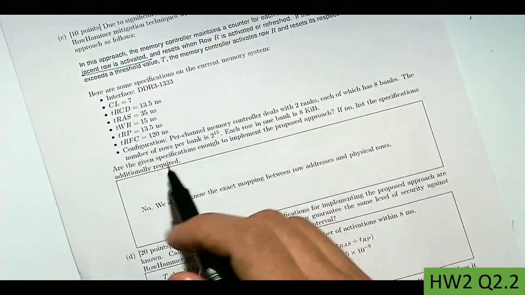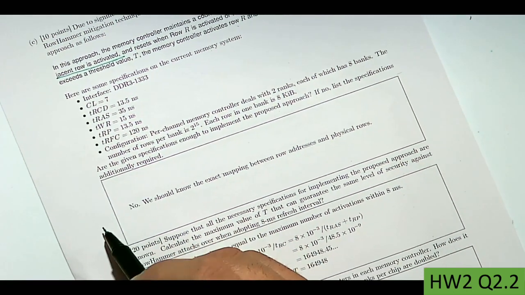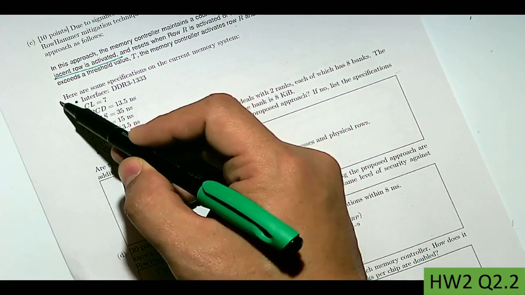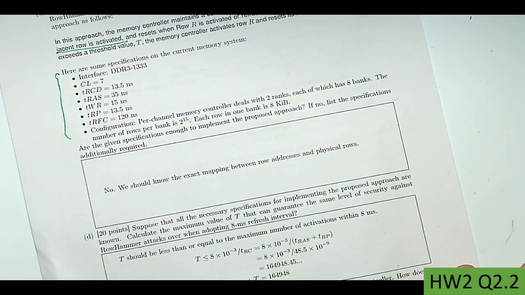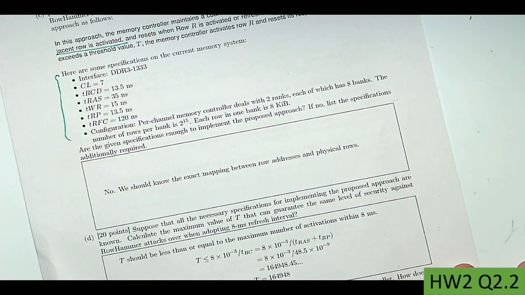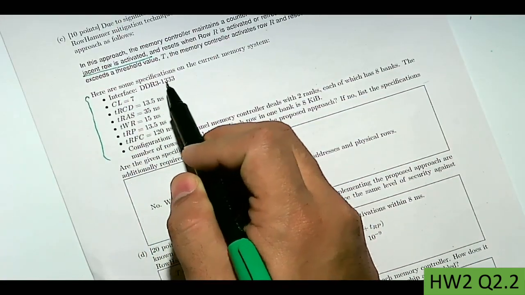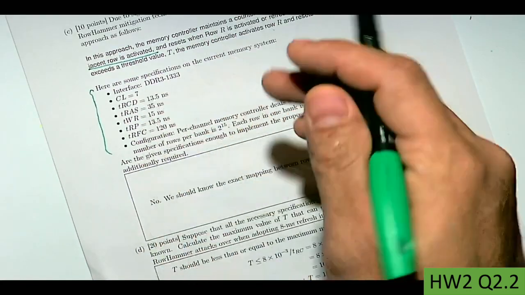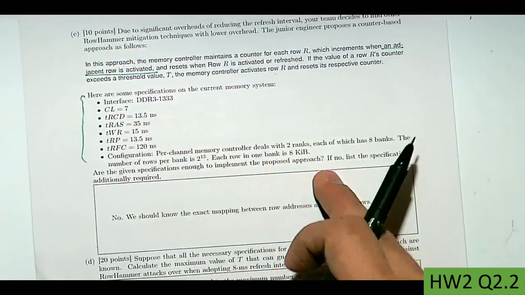Okay. So the question is, here is a bunch of information about your DRAM modules: interface generation, cost, latency, tRCD, and so on.